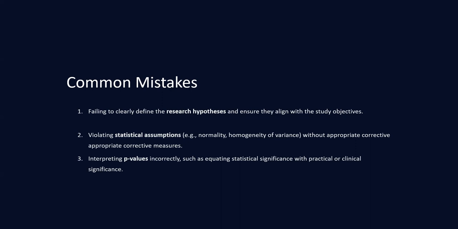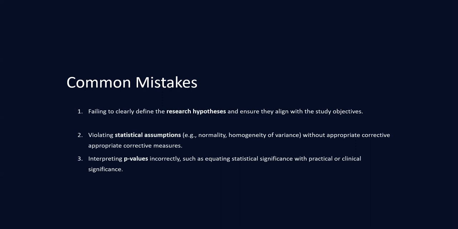Another mistake is the violation of statistical assumptions, without checking normality or homogeneity of variance, and without an appropriate corrective measure, you just choose a test. You know how to calculate the mean, other central tendency, or measures of dispersion. Commonly we use the mean and standard deviation, so we just perform that.